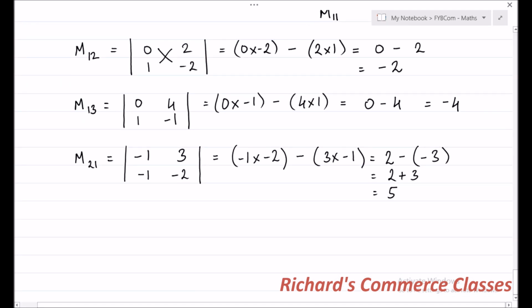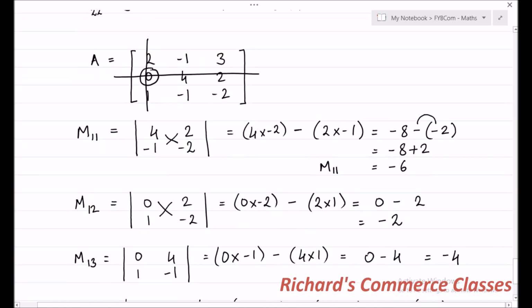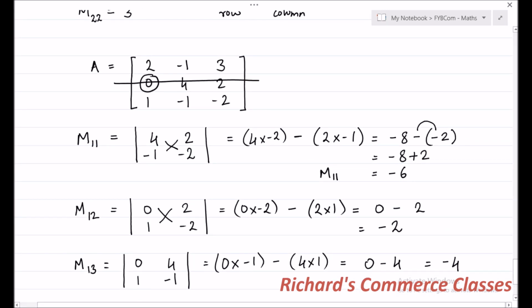Moving to the next element, M22, which will be equal to second row and second column. Our original matrix here A. The second row and the second column, the element will be 4. So let's delete the row and column containing this 4.